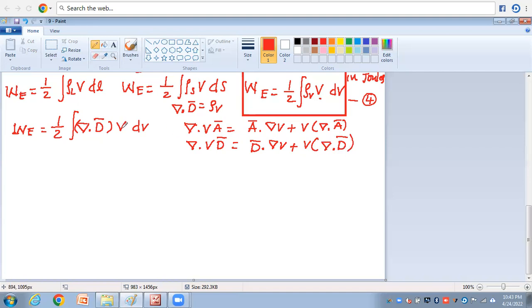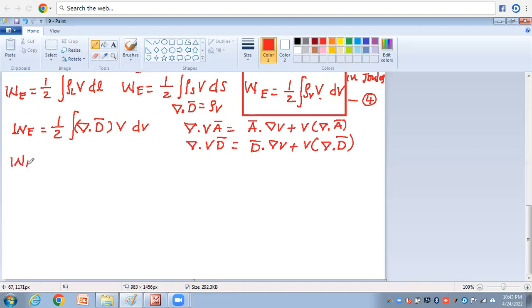Now what happened here? V into del dot D bar, I will substitute: del dot (V D bar) minus D bar dot del V. That will be tricky, but just concentrate, then it will be very, very easy.